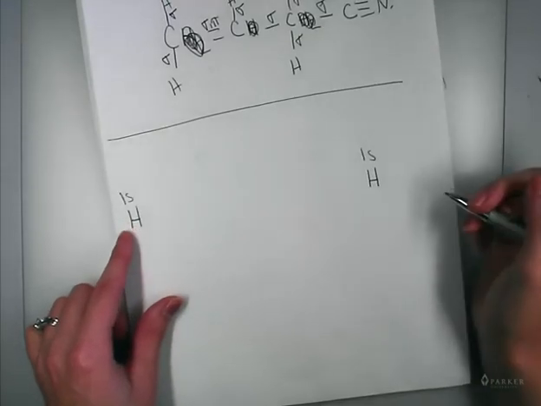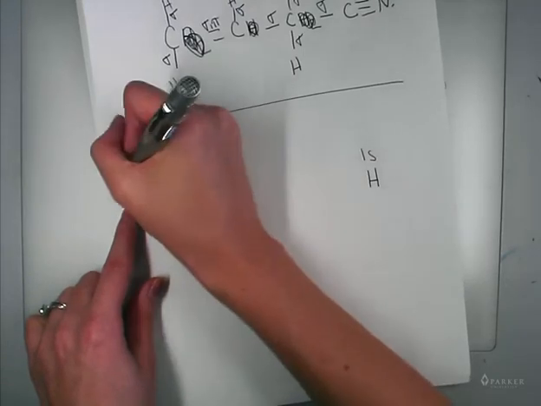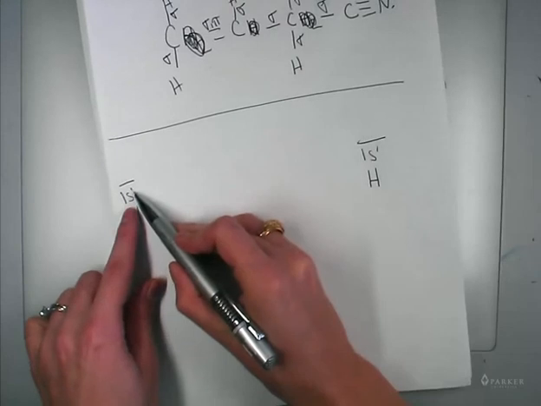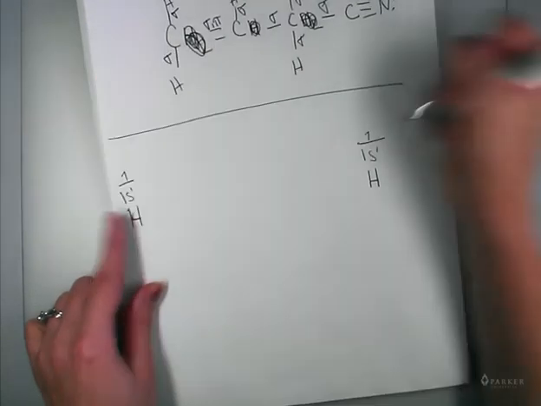And if I'm putting my arrows on there, how many lines for S? 1s1. And how many arrows do I show? One for each of these. Do you remember that we have these s orbitals, and what do those look like? Spheres.